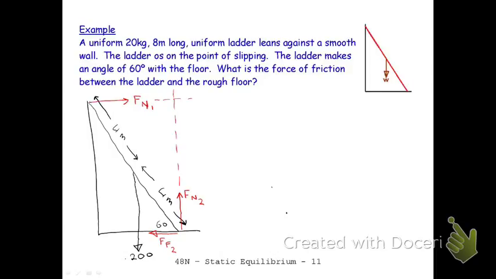It's not the direction they point in, it's just where they cross. And they cross there. That's where I'm going to choose to put my rotational axis, because by doing that, I don't need to worry about those forces.